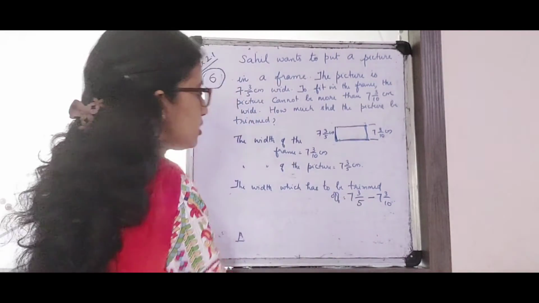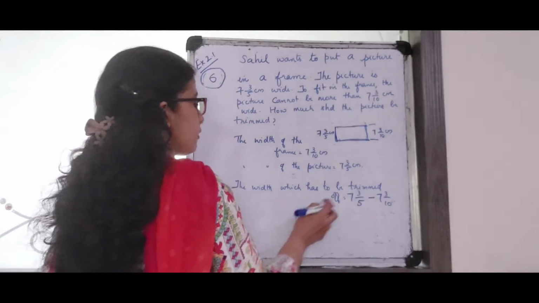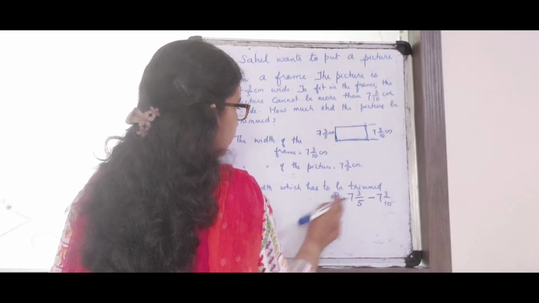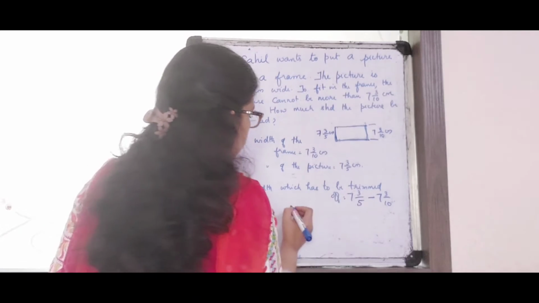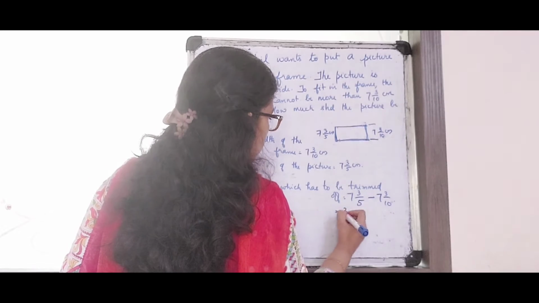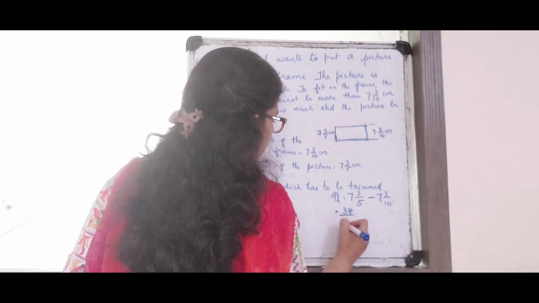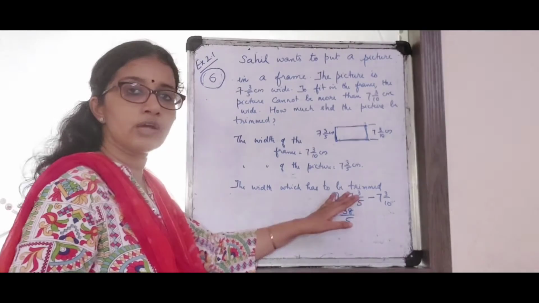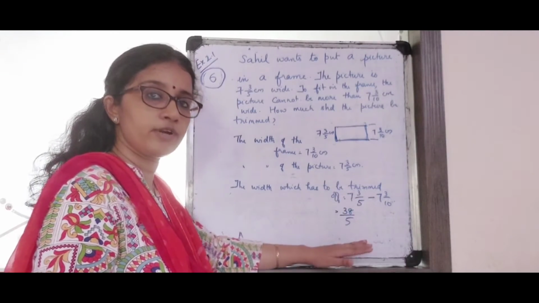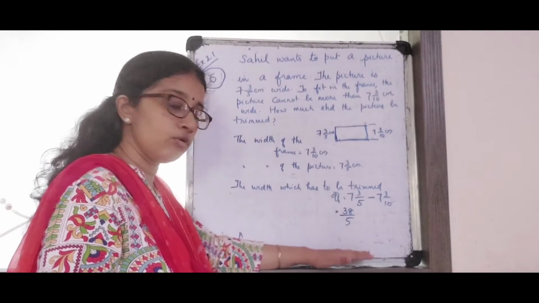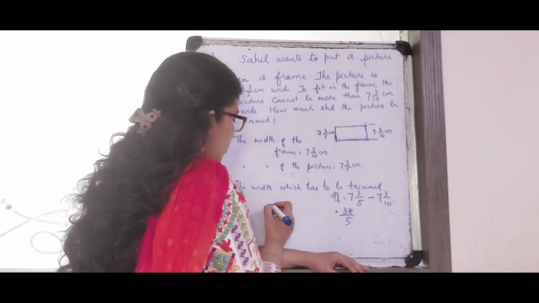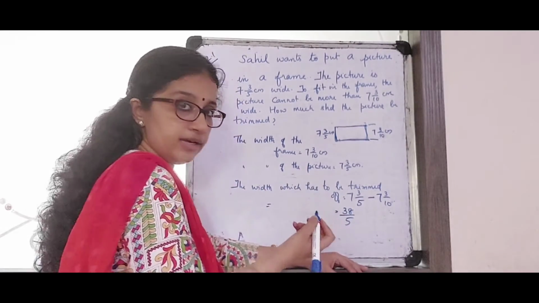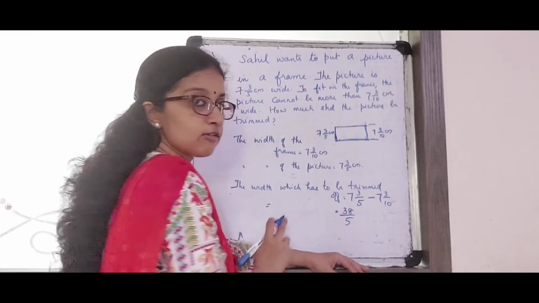So how to do this? We have to convert this into an improper fraction. So 7 3/5 will become 7 into 5, 35, 35 plus 3, 38, is equal to 38/5. See, once you get used to converting mixed fractions to improper fractions, we can directly do it. We don't have to write steps. If it is required, you can write, or else you can directly calculate also.